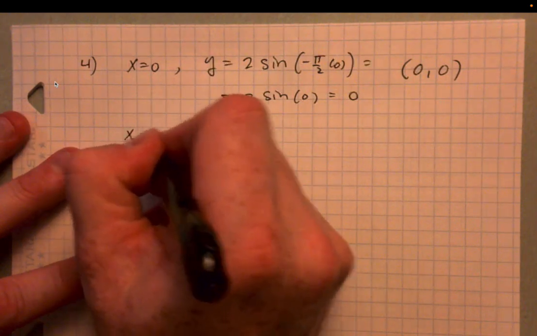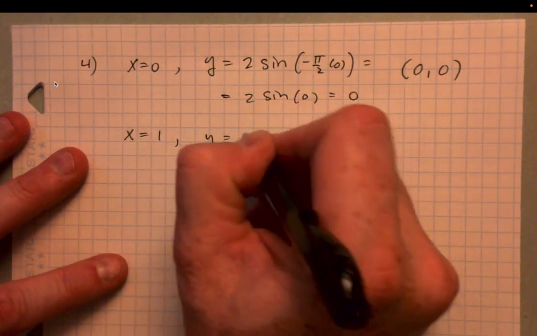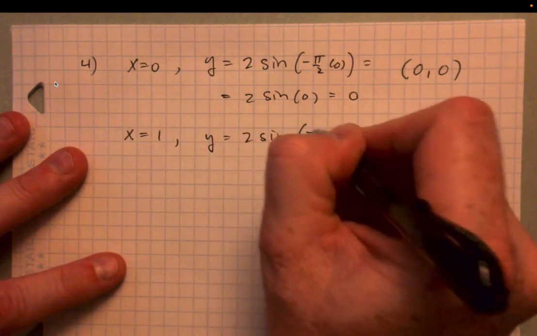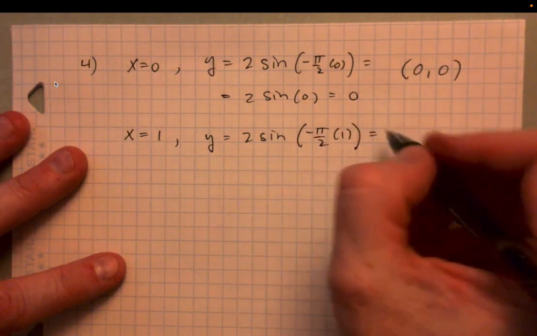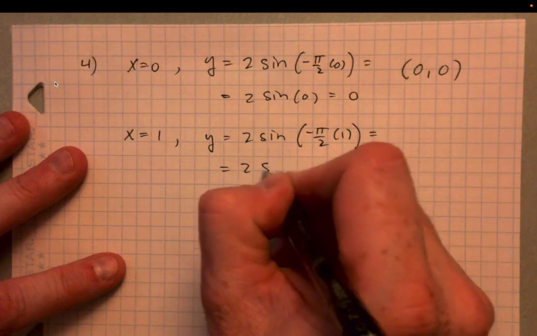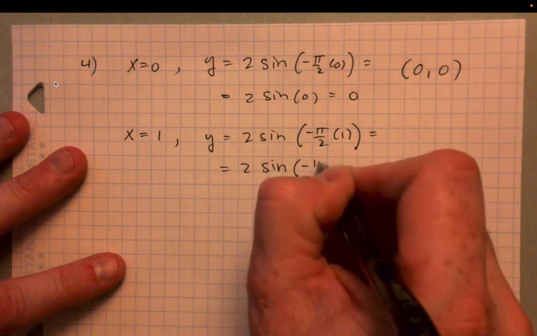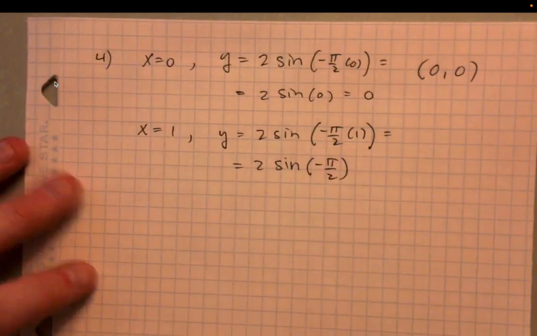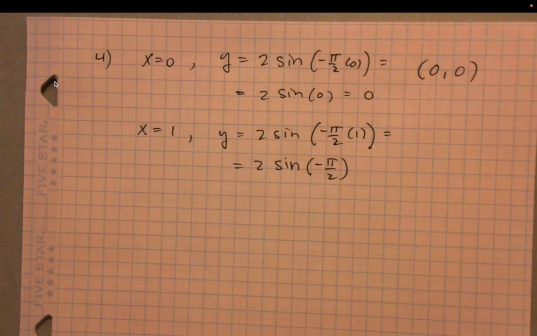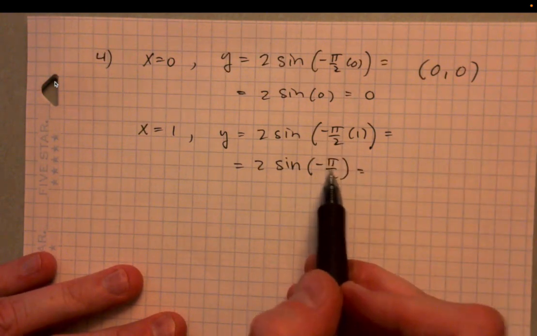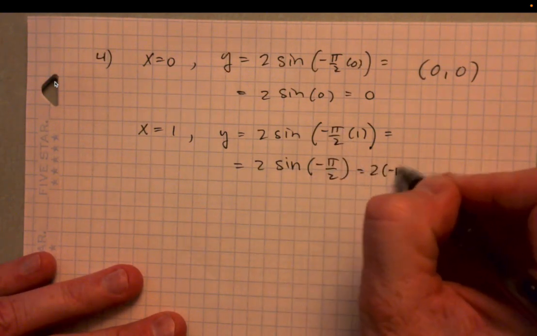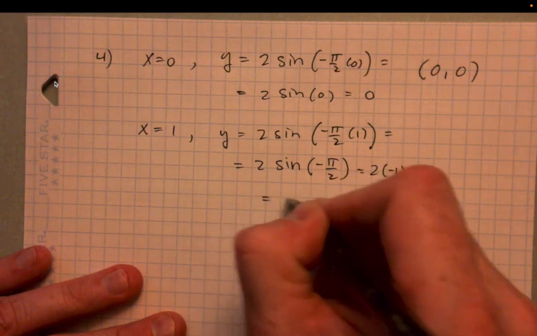Next, let's plug in x equals 1. So y equals 2 times the sine of negative pi over 2 times 1. And so that's equal to 2 times the sine of negative pi over 2. Okay, and what is sine at negative pi over 2? Well, it's negative 1. So in this case, it's 2 times negative 1. So it's equal to negative 2.